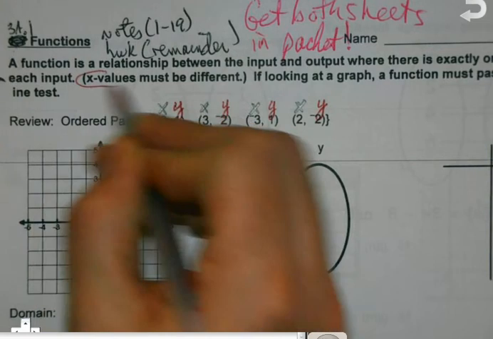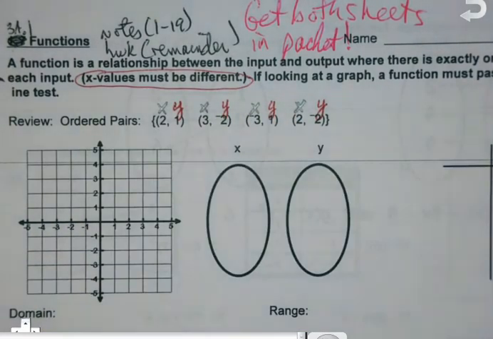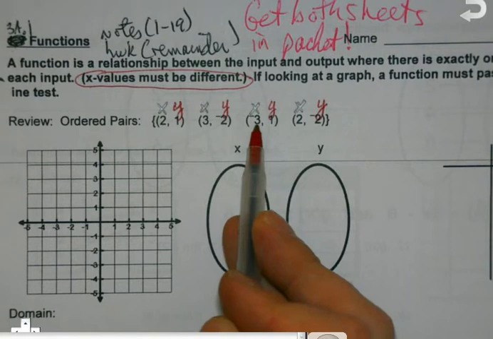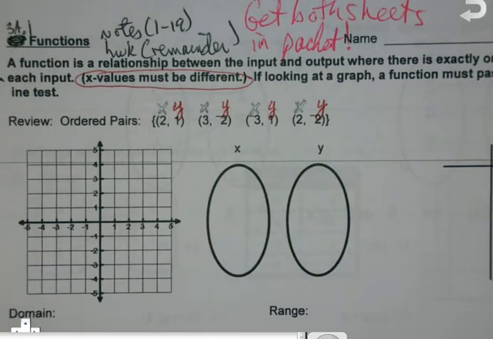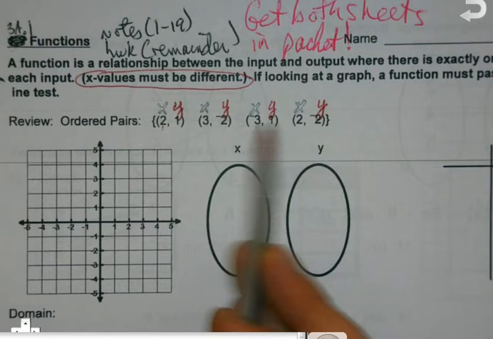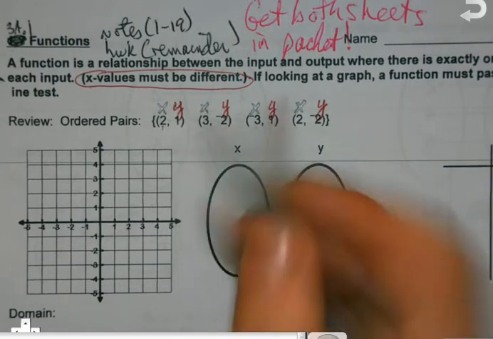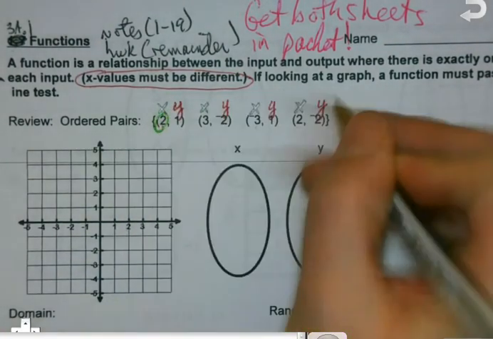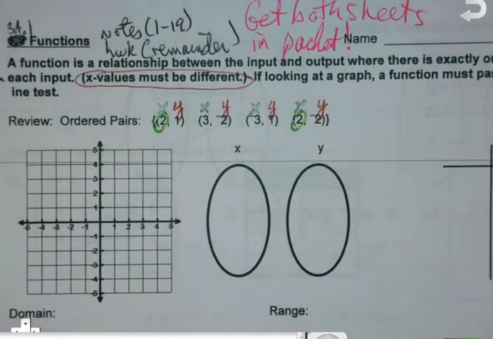Because you'll notice right here, it says the x values must be different. So if I look at all my x values here in my first example, are they all different? Well, I might want to take one more look. What I notice is, yeah, I see 2 gets repeated.